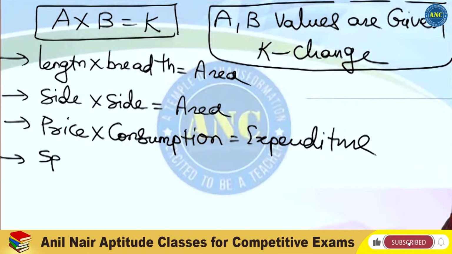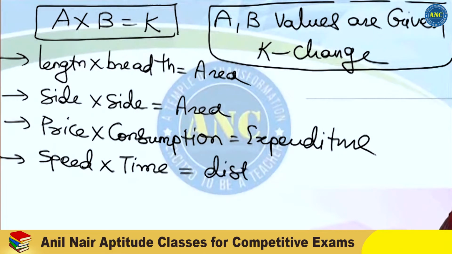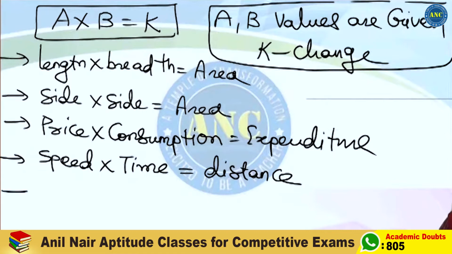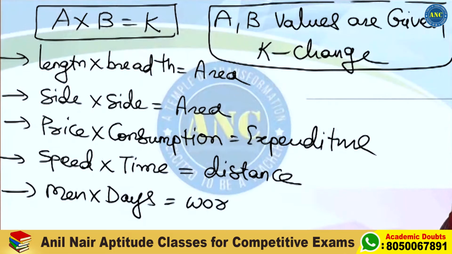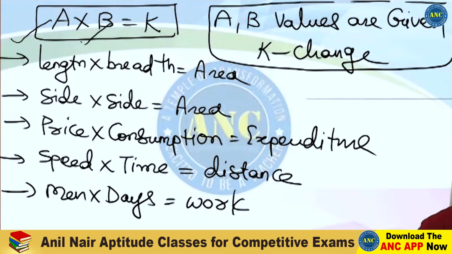Speed into time is distance. Men into days is work. In all these problems, when A and B are given, we have determined K change.